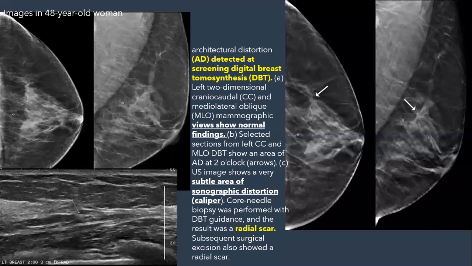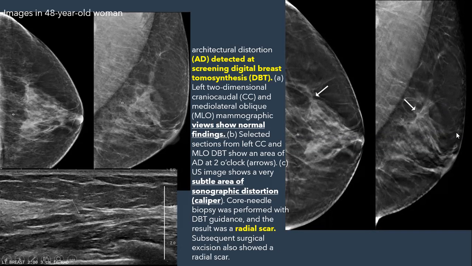Another case, this is a 45-year-old woman. If you look here, it was normal. On the 2D image, no abnormality could be detected, at least at these locations. Retrospectively, we might say this area vaguely has something there, very subtle.